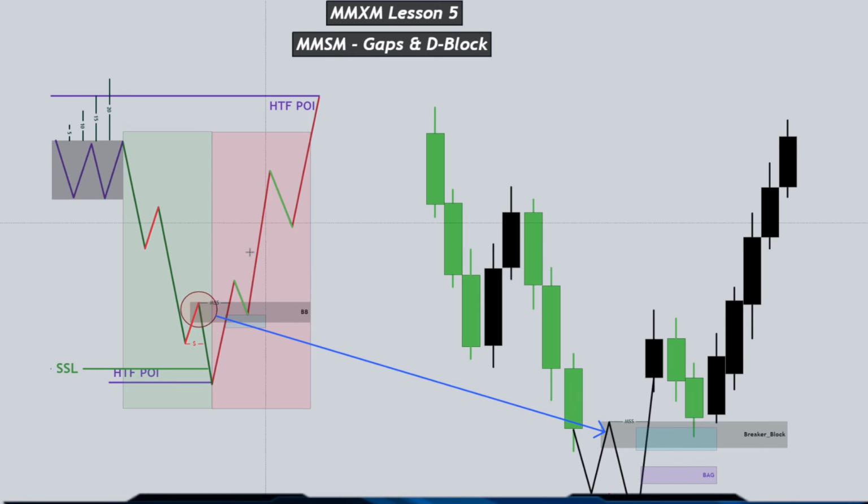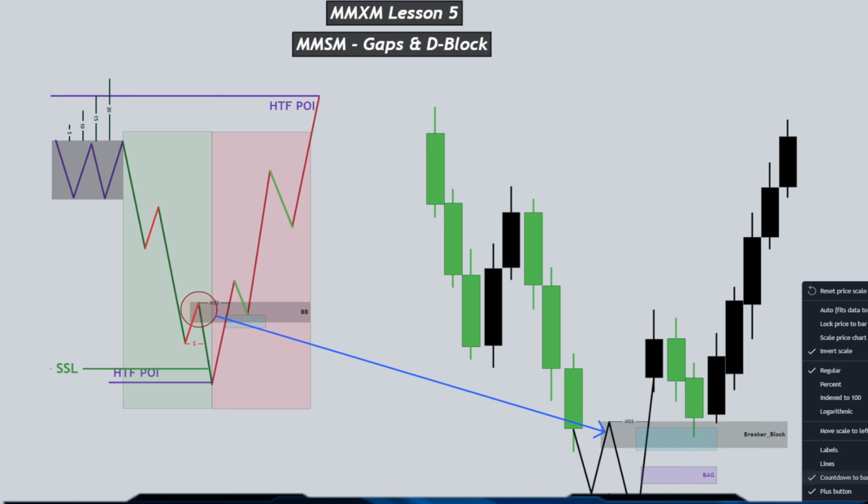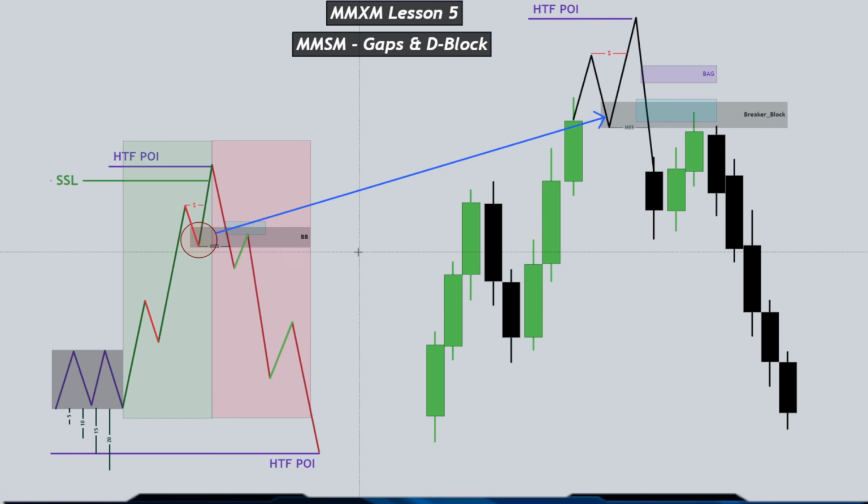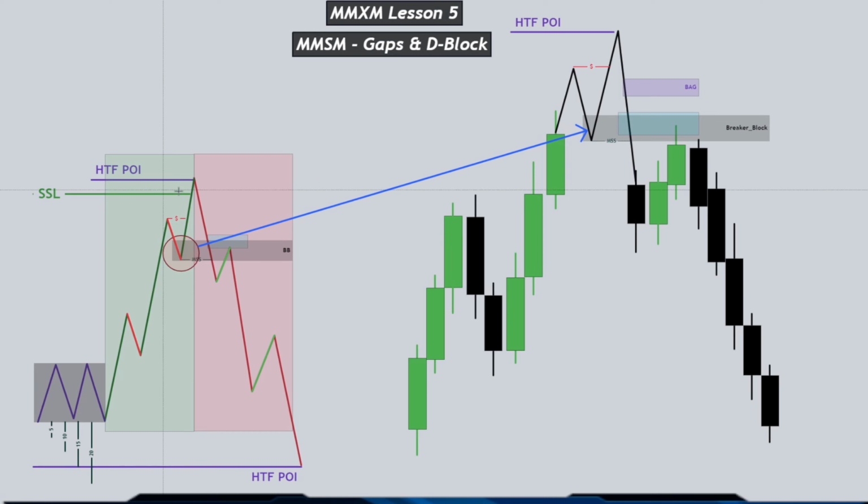When you're looking into a market maker buy model, the highest probability breaker block will form when a single move takes liquidity from a recent swing low and a sell side liquidity in the form of an old low. So according to ICT, your highest probability breaker block will form around that area.